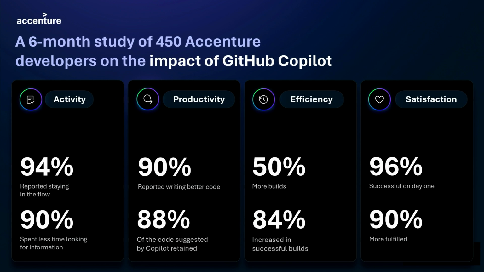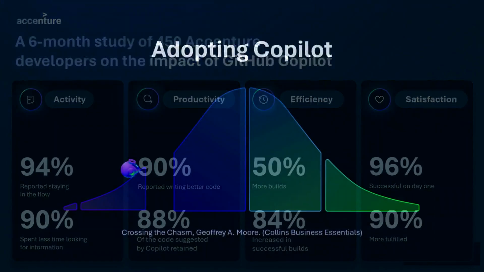But actually we see 50% more builds happening amongst teams that are using Copilot within Accenture. So people are iterating quicker, shipping more often, and directly correlated to that, they're 90% more fulfilled and happy because of having this extension installed. That's huge, and it shows the direct correlation between perceived productivity, how quickly you can iterate, and happiness in your job, funnily enough.